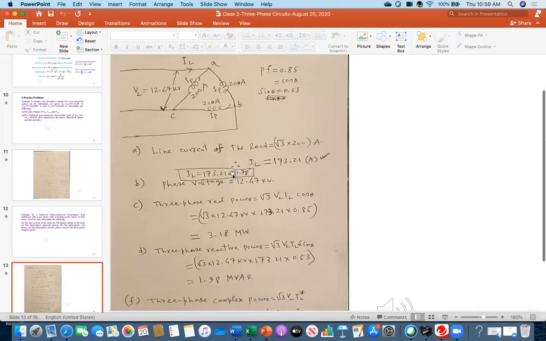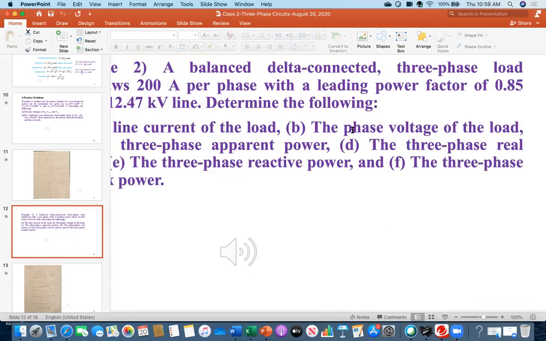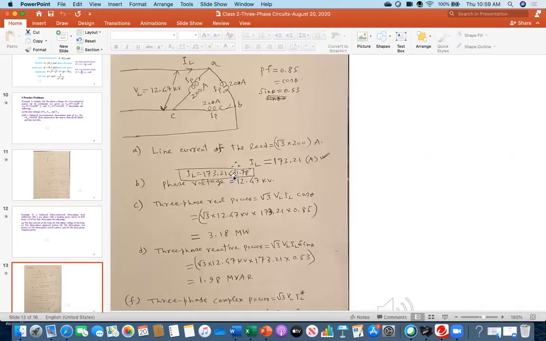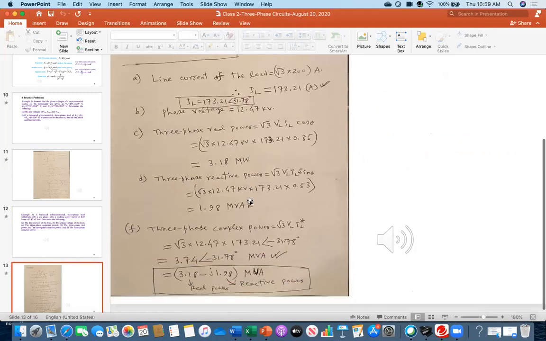But then it is a plus sign. I put a plus sign because of the leading power factor. If the statement says lagging, then you would put the minus sign here. But because it is leading, plus sign. But then coming here, three-phase complex power, √3 VL, I conjugate. I have to change the sign because it is the complex conjugate from the math. So everybody, could you follow this one?